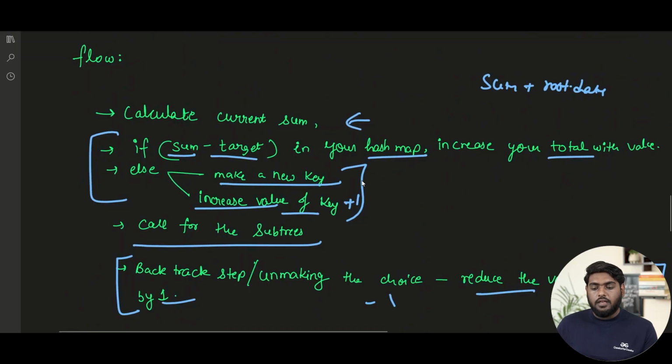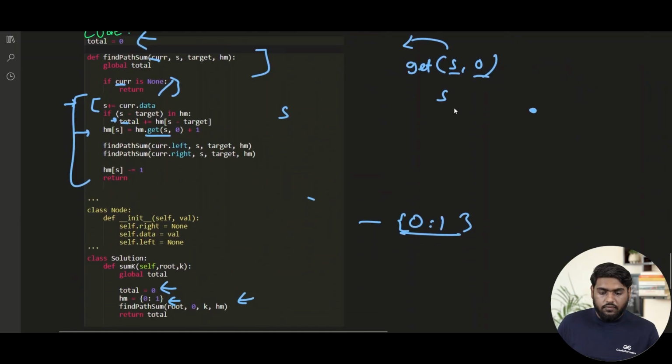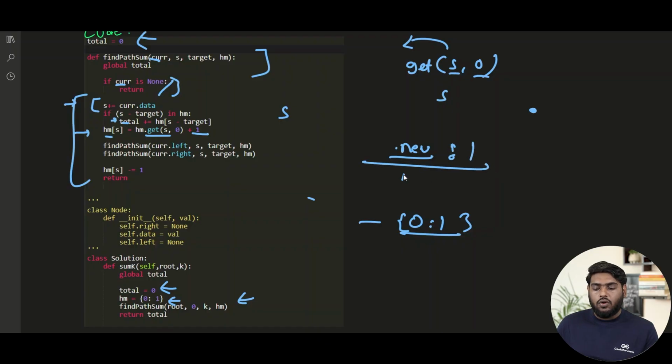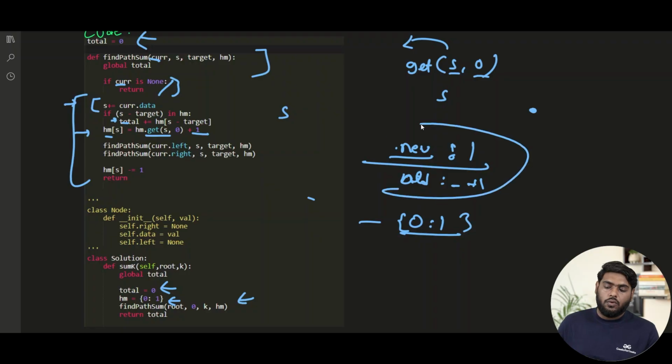It will make a new key. If the key is not already present, the value by default will be 0. And if the key is already there, it will give the value. And in both the cases, what are we doing? We are adding 1 to it. So either it will be any new key which will correspond to 1, or any old key which will correspond to its own value plus 1. Okay, this is what will be happening here.